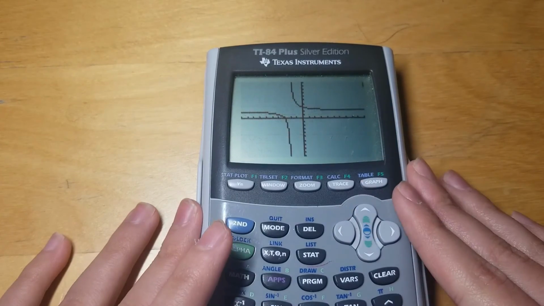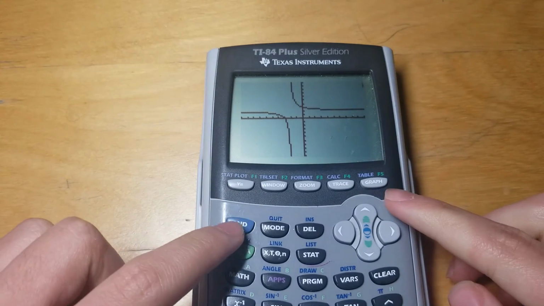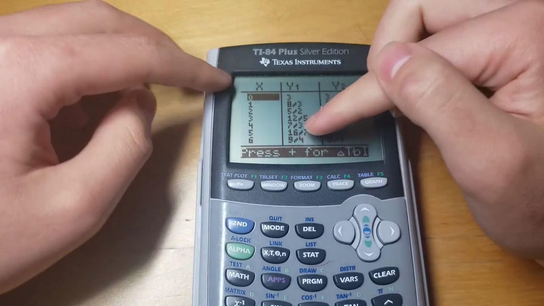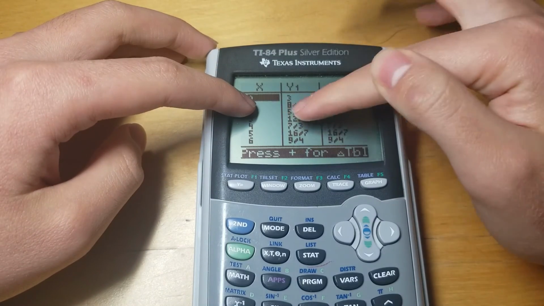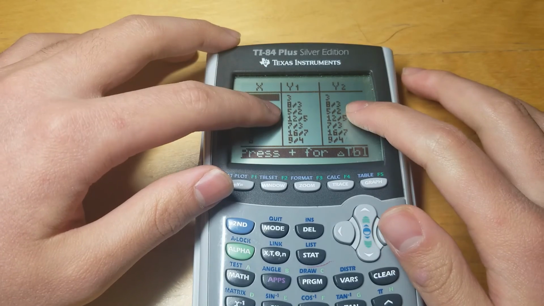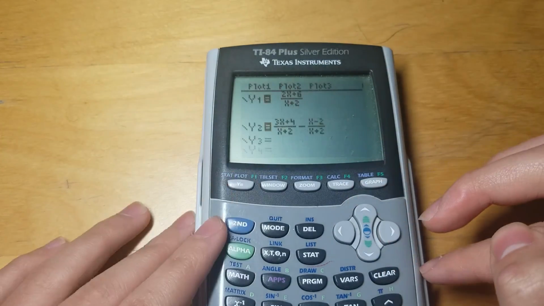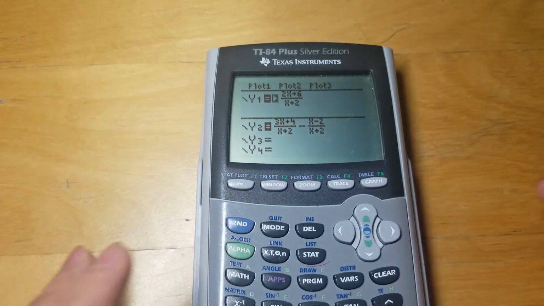Then graph, and same thing. But if you want more concrete evidence, if you do second table, it gives you the coordinates of each of the functions you put in. So you see that 3, 8 over 3, 5 over 2, they're equal. So the answer must be the one that I just plugged in. Okay, so let's move on.